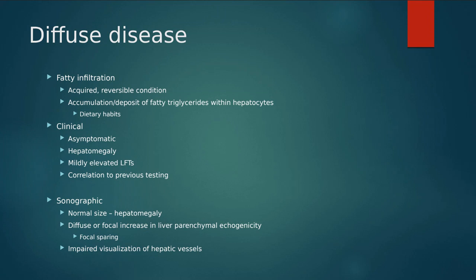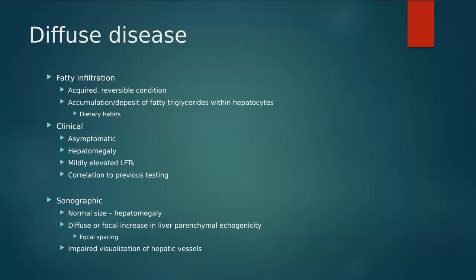So if they come in for abnormal or elevated LFT testing, we are going to be doing imaging for that patient, and say we find fatty infiltration on those images, that patient is pretty much going to be coming back yearly for some type of imaging or testing until they can get that condition under control, or until they can get it completely reversed.